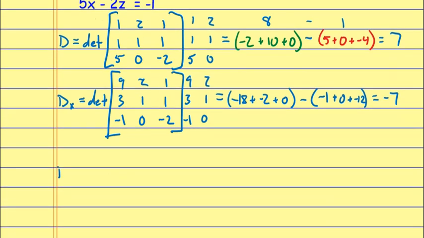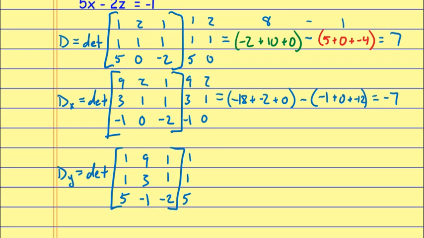I move on to the d sub y, the y matrix, which again is going to be the determinant of the same matrix once again, except this time I'm going to replace the y column with that 9, 3, negative 1. Okay, so I'm just copying the coefficient matrix over and over again, and I'm replacing one column at a time.